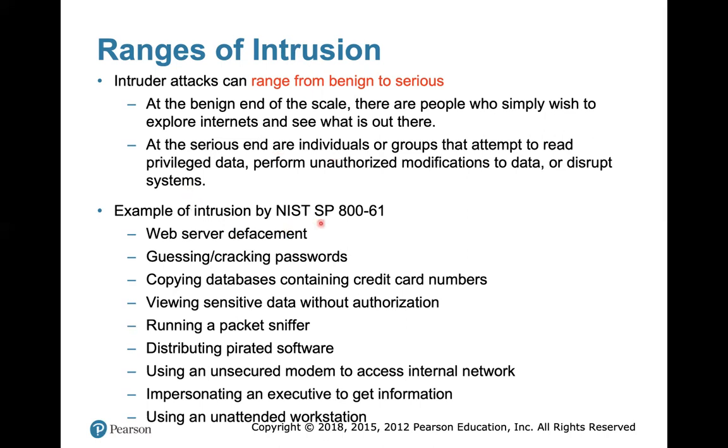Per NIST SP 800-61, these are some examples of intrusions that might happen to a computer system.